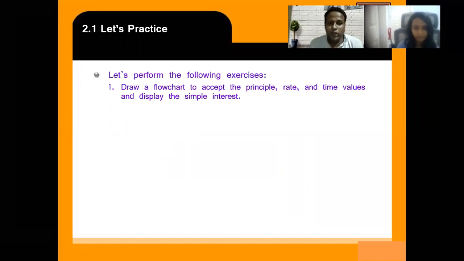Draw a flow chart to accept the principal, rate, and time values and display the simple interest. Do you know the formula to calculate the simple interest?